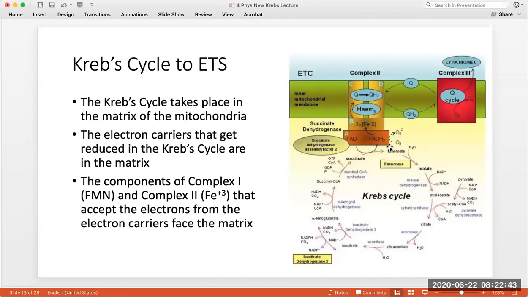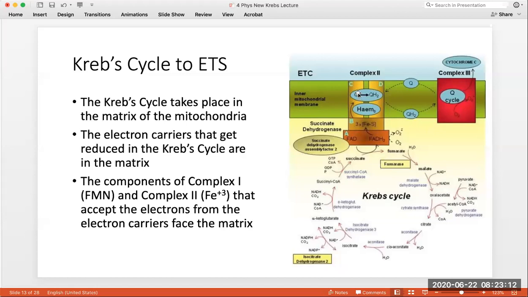So this step right here, where succinate gets oxidized to fumarate, you pull a pair of electrons off of succinate, and they get transferred to FAD to reduce it to FADH2. This is happening in the matrix of the mitochondria, and this is complex 2, which has iron in it. This is where the electrons are going to get transferred from FADH2 to the iron of complex 2, and then from there to another component, which is called coenzyme Q.